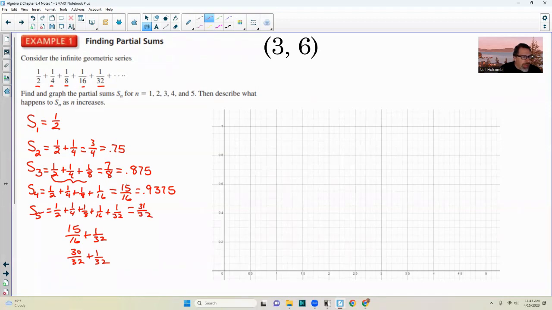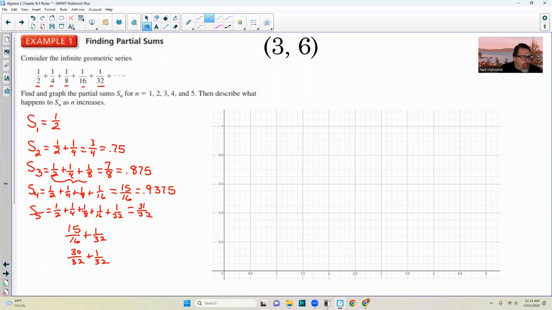So look what's happening: 3/4, 7/8, 15/16. The denominator is doubling and the numerator is staying one less. Double 4 and you get 8, and the numerator is one less. Double 8 and get 16, and 15 is one less. Double 16 and get 32, and 31 is one less.